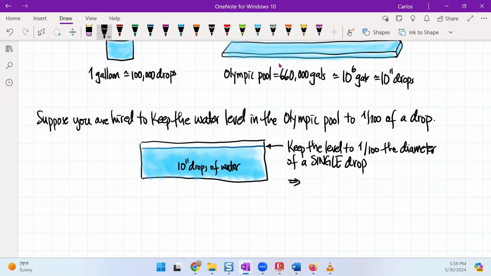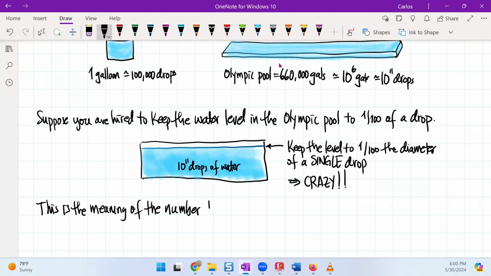Immediately you say that this is just crazy to ask somebody to keep the level to 100th the diameter of a single drop. I mean, that's insane. This is the meaning of the number 1 in 10 to the 13th. That's what that means.